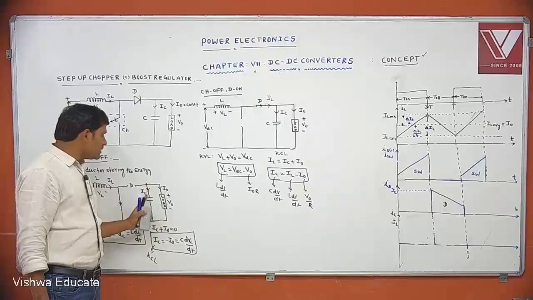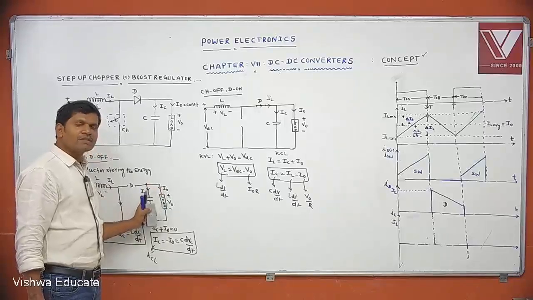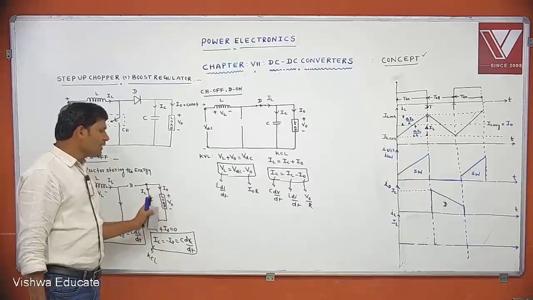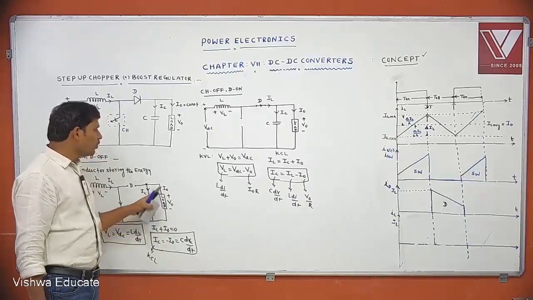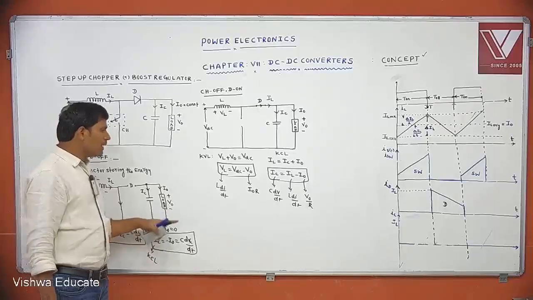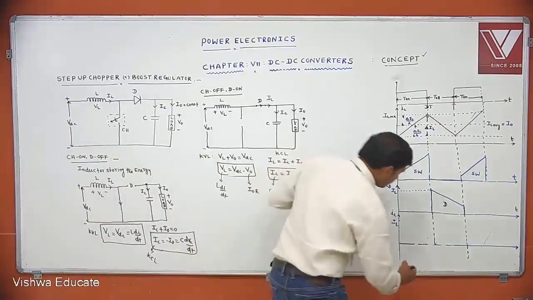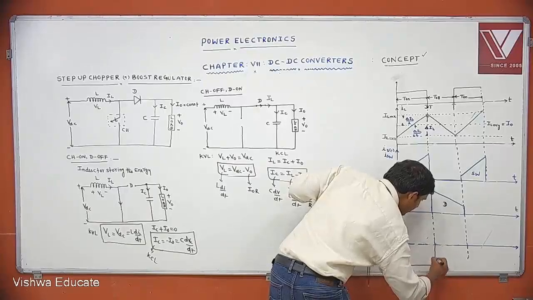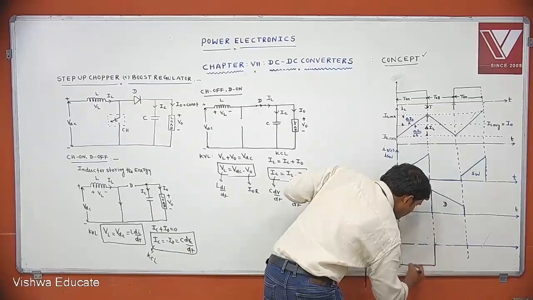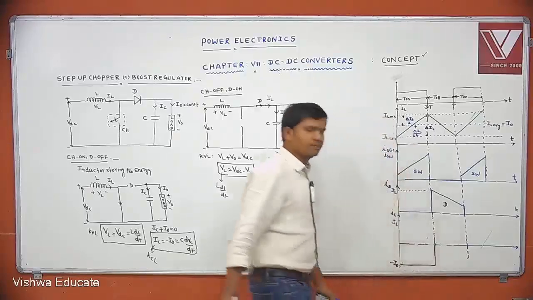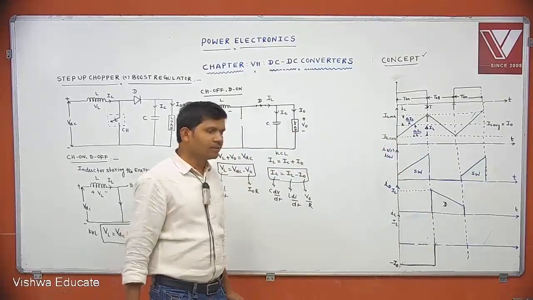Assuming that we are supplying constant current to the load, this operation is applicable for constant current. So IC equal to minus I naught, constant minus I naught.